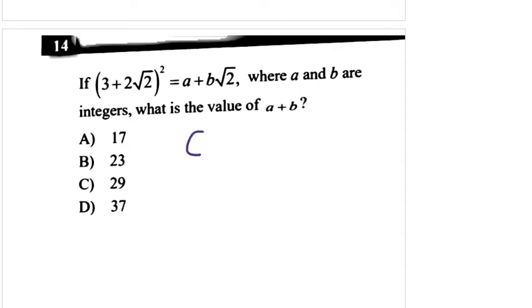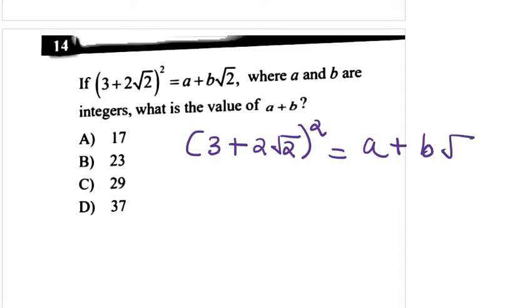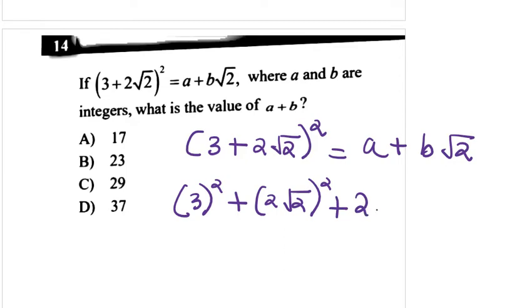Okay, so this is (3 + 2√2)² = a + b√2. Of course, you have to apply (a + b)² here. So a² + b² + 2ab = a + b√2.